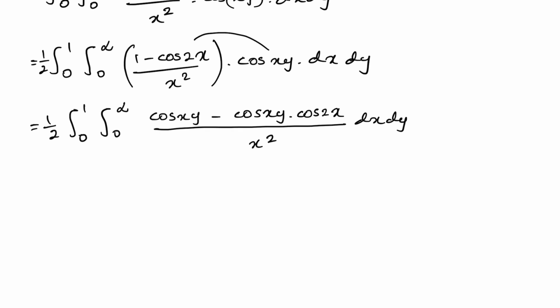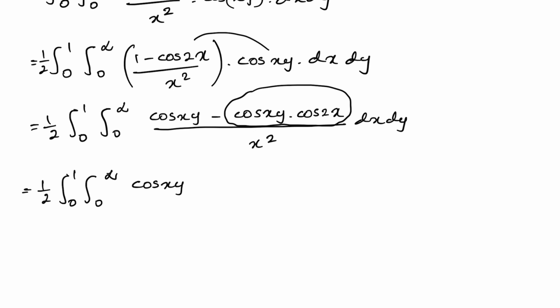Well, then 1/2 integral from 0 to 1, integral from 0 to infinity. Here cosine of xy, but here we have a product of two cosines. We know from high school maths that we can represent a product of two cosines by a sum of two cosines.